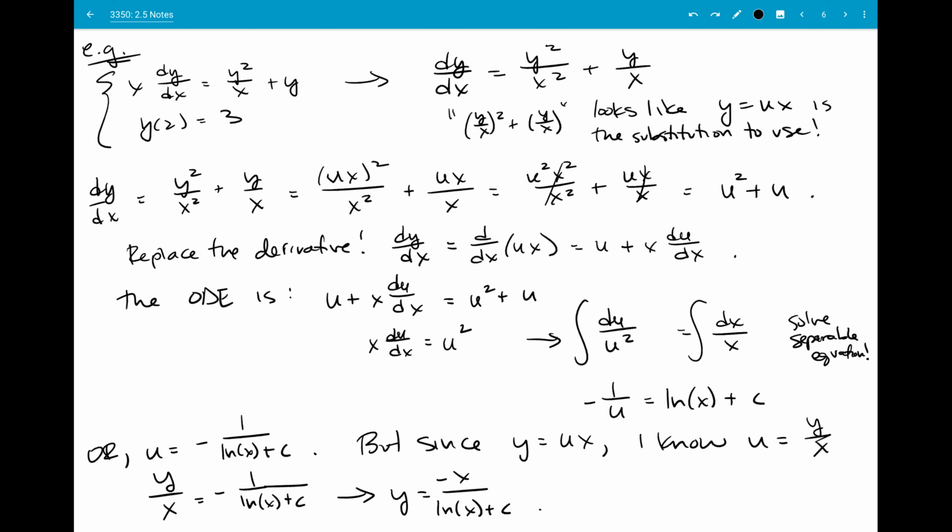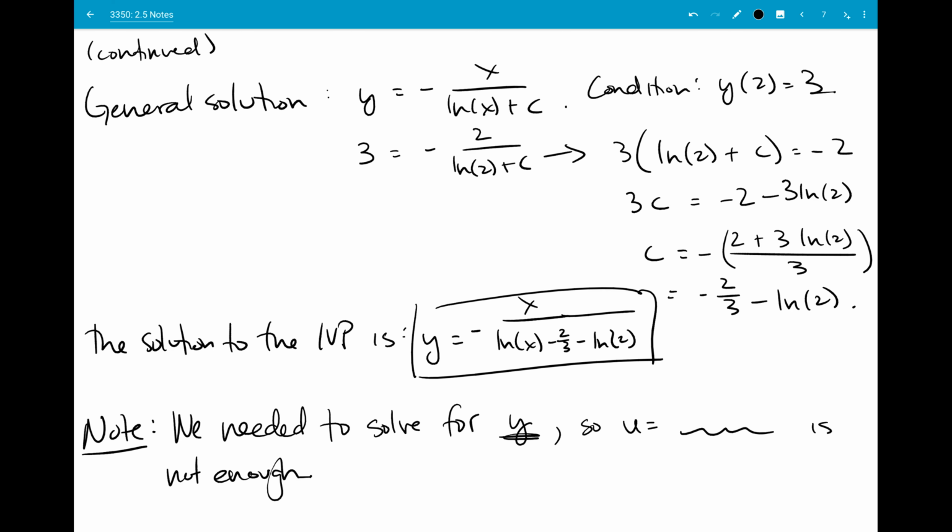But that's a lot of work. So as a general rule, wait until you solve for y in order to plug in or solve for the constant, just to avoid any issues.